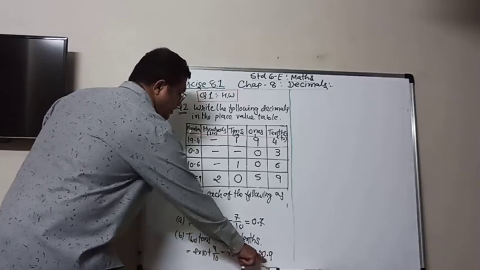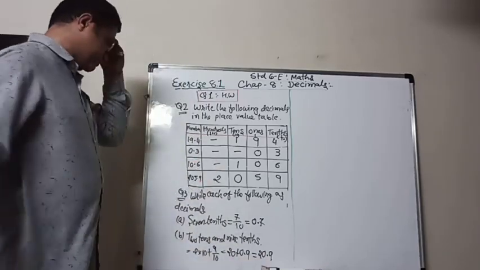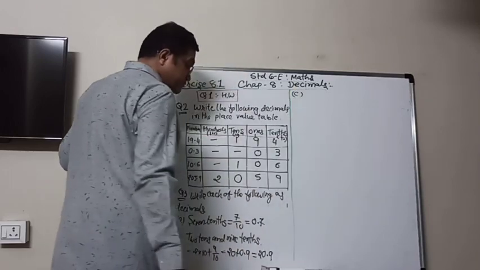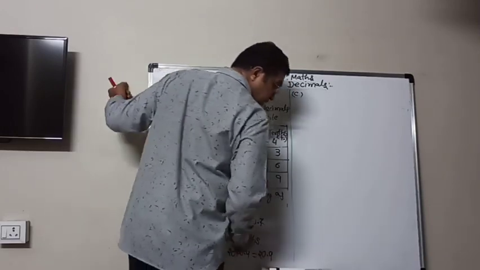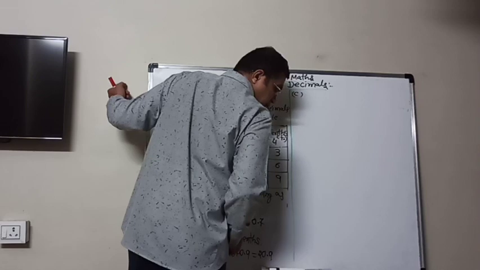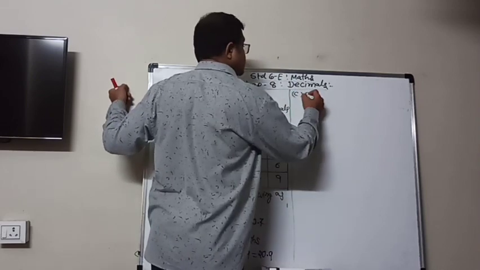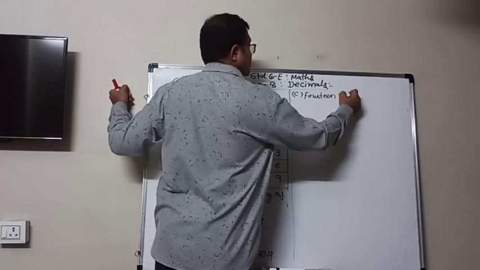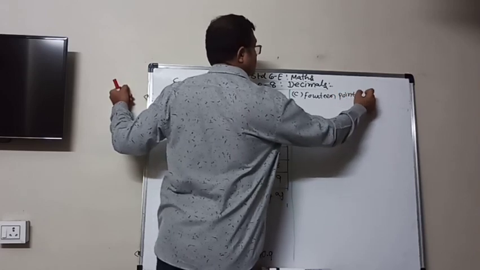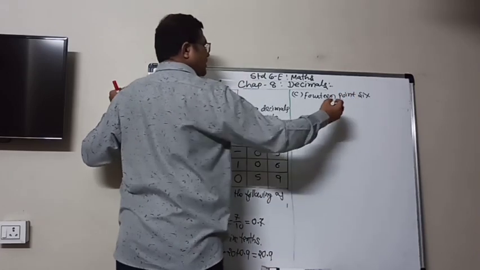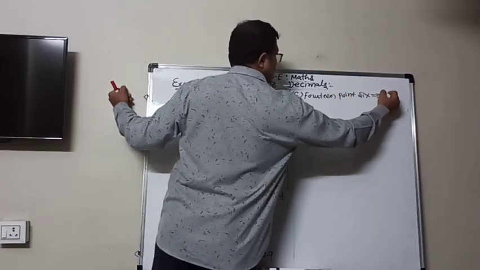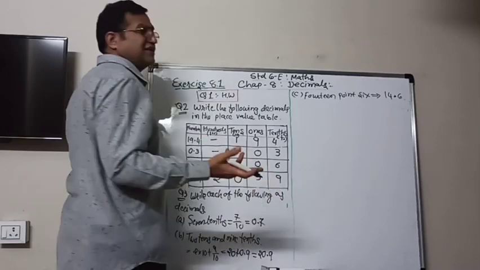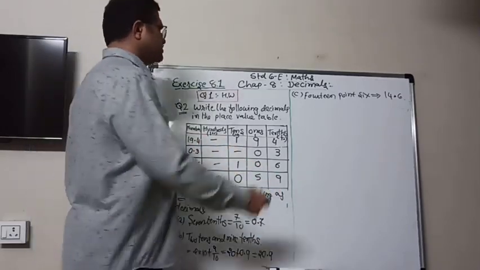Because there is no number in the ones place, so 0 will be there. C. In C, that is 14.6, written as point. 14.6. So that is very simple, written as 14.6. Nothing difficult.